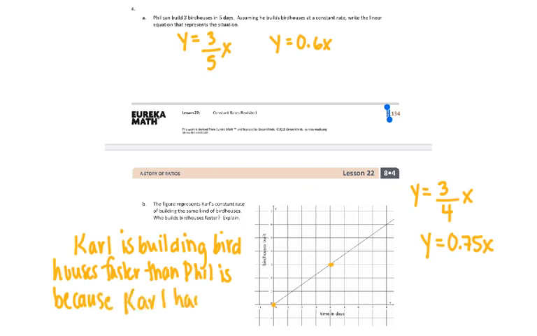And we're going to represent that as 3/4 is larger than 3/5. So we know that Carl is building birdhouses faster than Phil is.